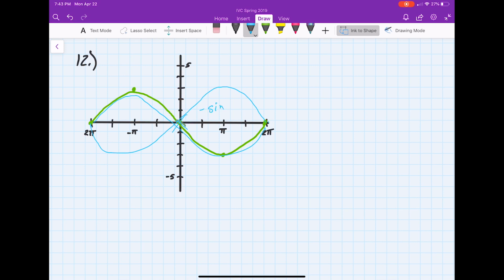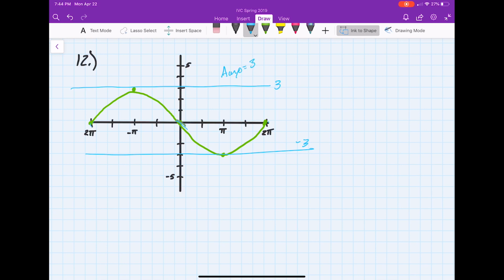We look at the top here, it goes through 3, and the bottom, it goes through -3, so we're restricted at 3 and -3. So we can see our amplitude is actually 3. Now, again, since this is flipped over, I'm going to say y is equal to -3 sine.